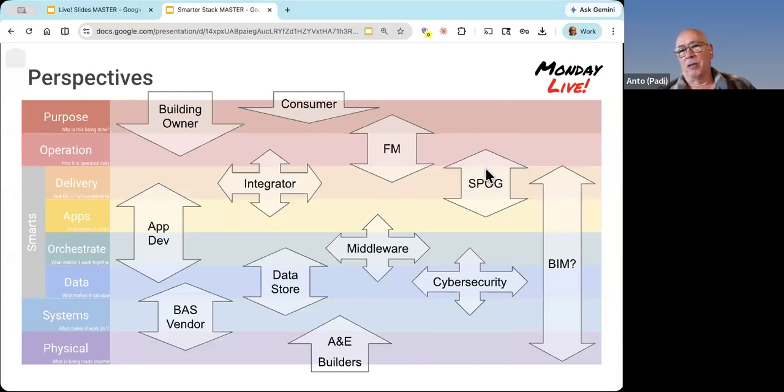SPOG is obviously there. Middleware is obviously something that is in the orchestration layer. So there are tendencies where different roles and different types of companies are suitable at different layers. And the AI disruption would obviously impact things differently for different people.